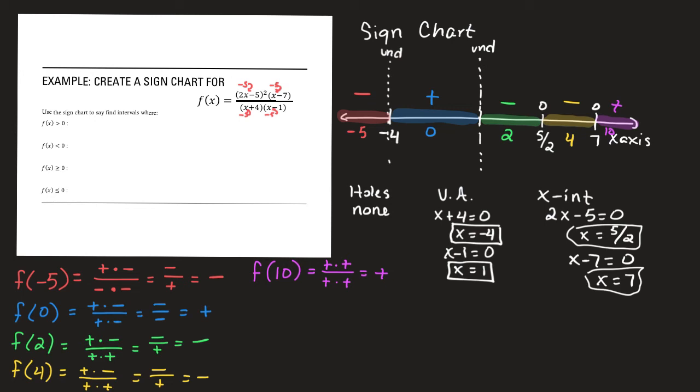So when is the function greater than 0? Well, the function is greater than 0 everywhere that the graph is positive. So -4 to 1 and 7 to infinity. Where is it less than 0? Everywhere the function is negative.